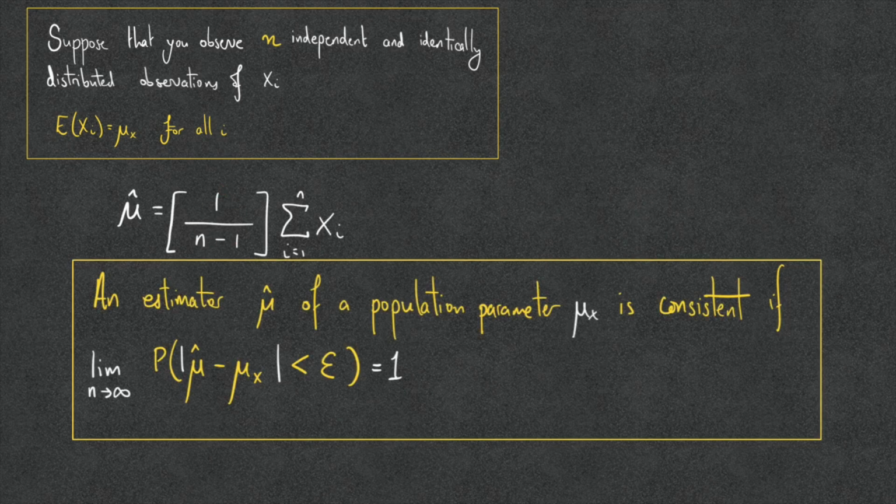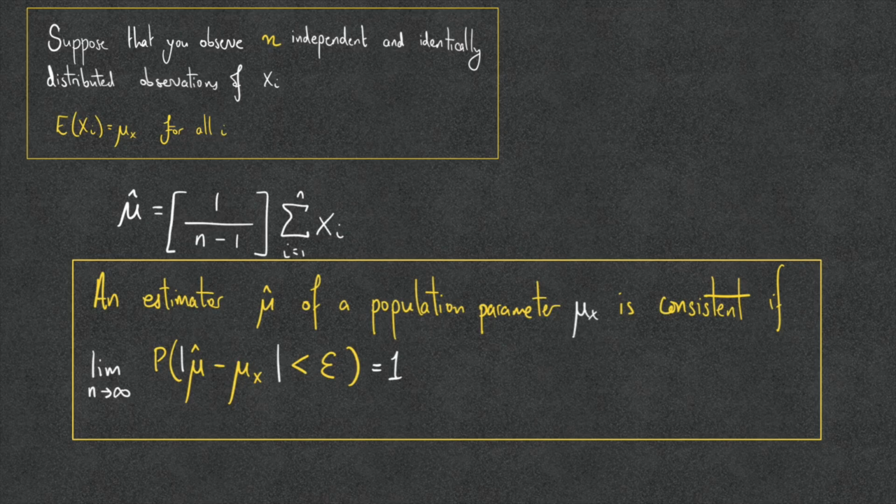Now, formally, an estimator mu hat can be said to be consistent if, as the sample size tends towards infinity, the probability that your estimator is within a tiny amount, let's call it epsilon, of the true population parameter mu x tends towards 1.